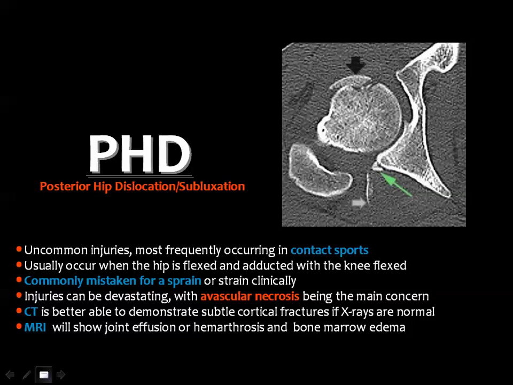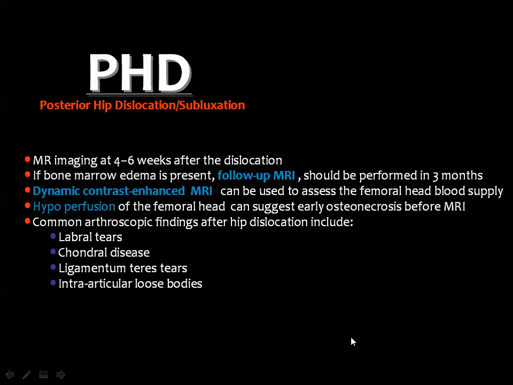MRI, because of its sensitivity to edema and hemorrhage, can show joint effusion, hemarthrosis, and bone marrow edema. And if you see bone marrow edema in the femoral head, then according to the literature, you may have to have a follow-up MRI after 3 months to be sure that the femoral head is viable.